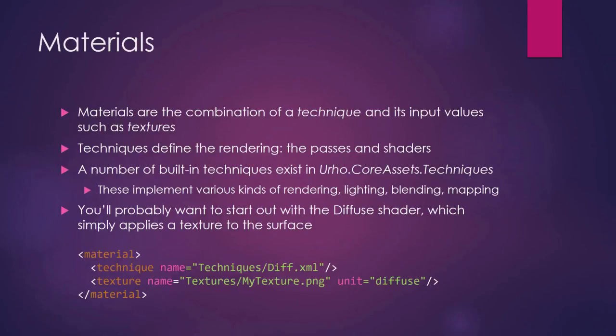So, Mikayla, we actually had a question. So what format of models are supported? So the built-in format has its own .mdl file. There is an asset importer tool that you can download from the Urho site, which will convert most kinds of common model formats from various tools into that format with varying levels of fidelity.